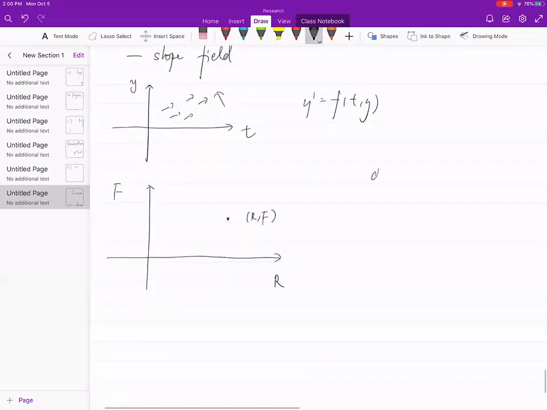I do know dR over dt and dF over dt here. That's the two things I can compute from the system. What if this is 3 and this is 4? That means I can put a 3, 4 here. What does this vector represent? It represents that for this moment, both the rabbit and the fox are going to increase, and they increase at a different rate. One is 3, one is 4.